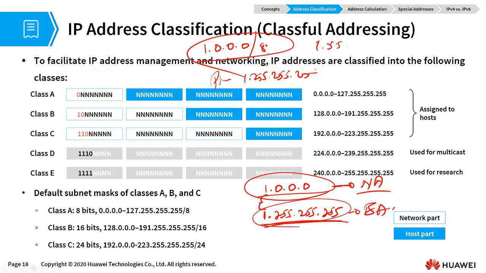It is the range. Everything in the middle here can be allocated, but these two cannot be allocated. The network address becomes the name of the range, and the broadcast address is the special address we send to if you want everyone in the range to receive a packet.